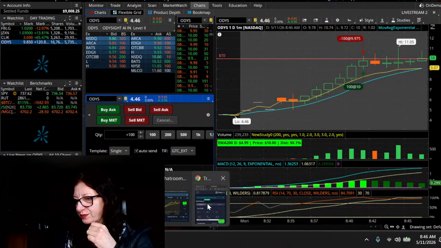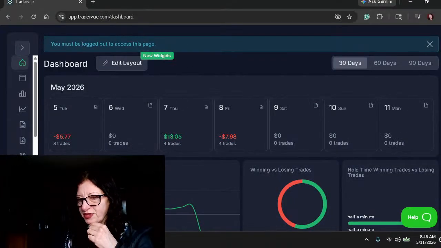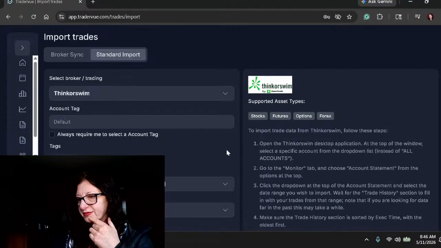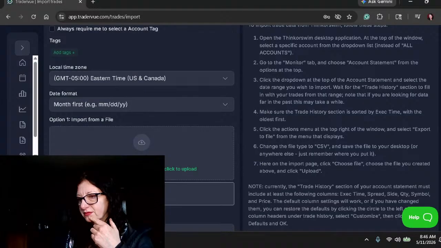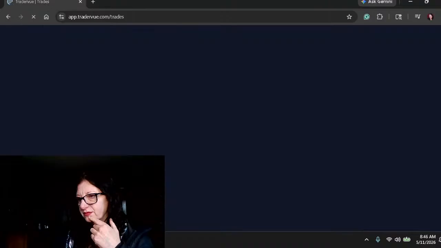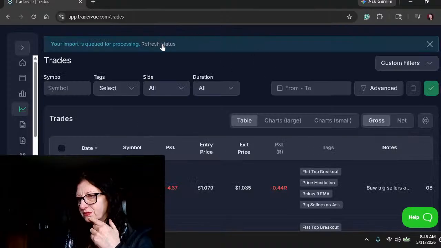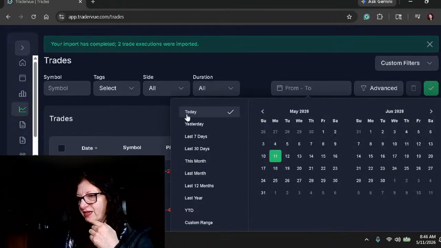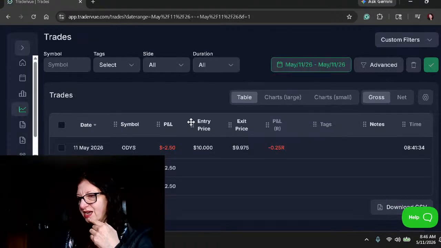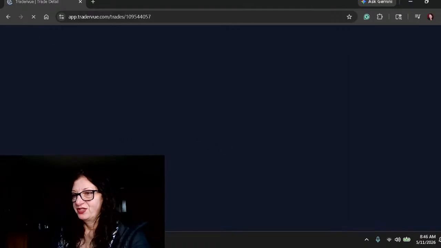I mean my trader view. All right, I'm going to import my trade. Okay, I'm going to change my thing to today.